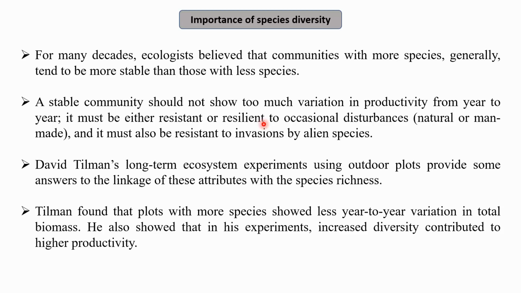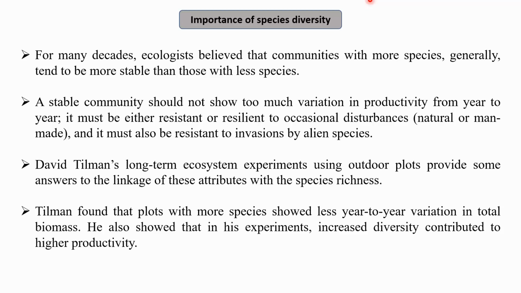So basically, Tilman tried to understand the importance of species diversity, and using outdoor plots he found the linkage of these attributes with species richness. Plots with more species showed less year-to-year variation in total biomass.